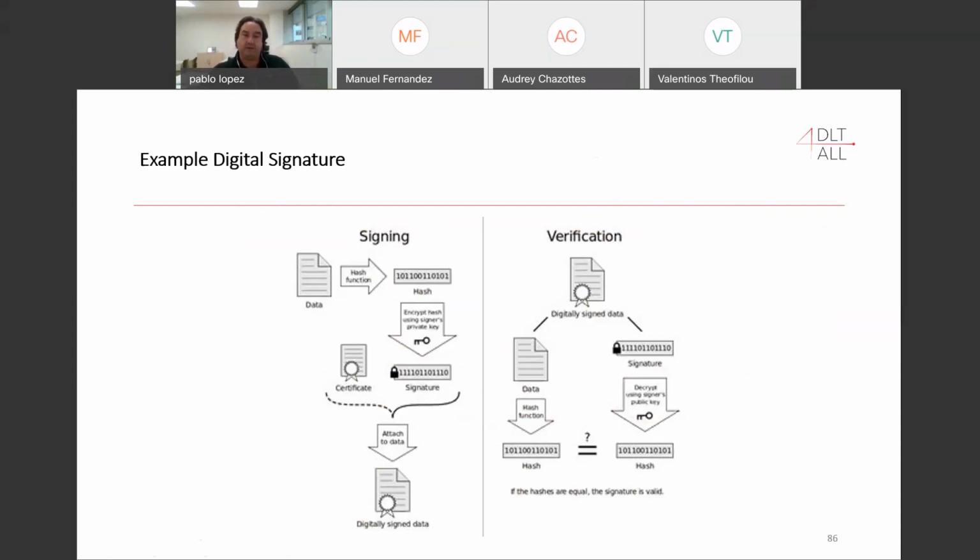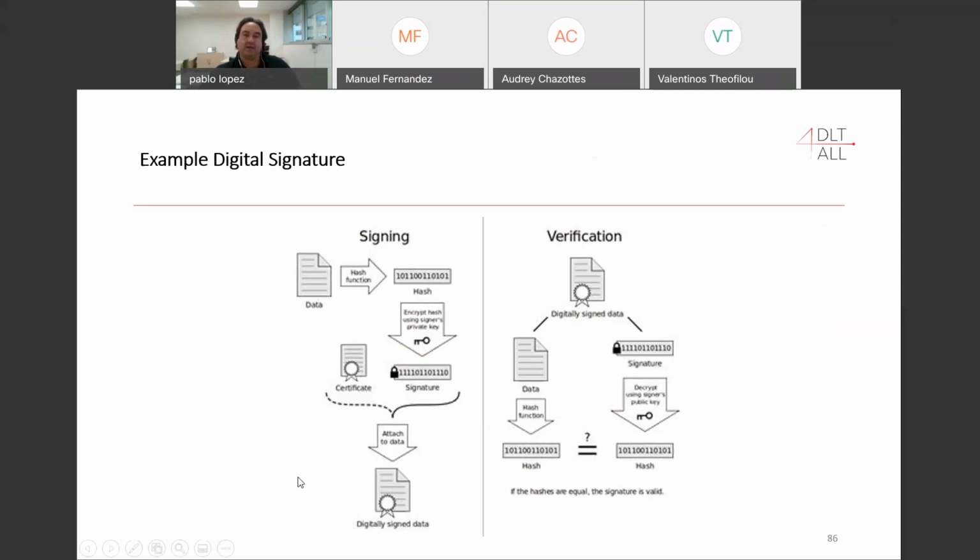Here we have it again, with the symmetric and asymmetric example of the digital signature. Signing: the data is converted into a hash, this hash is encrypted using the signer's private key, and the signature and certificate come together and give us digitally signed data.